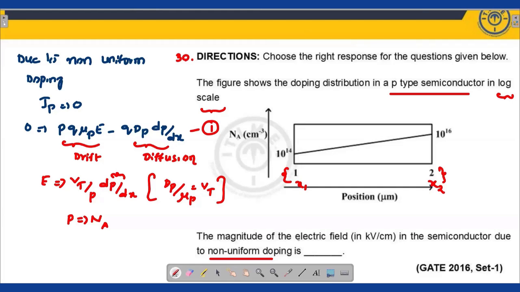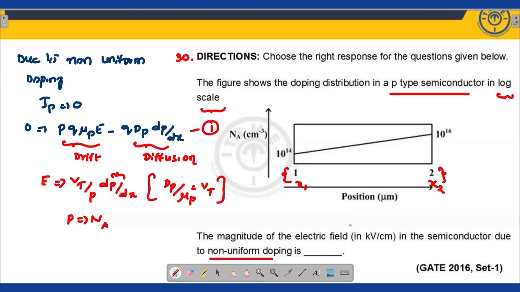And the second time, if I am going to use the non-uniform doping level, two things are very important here. One, I need to find out the value exactly at VT.